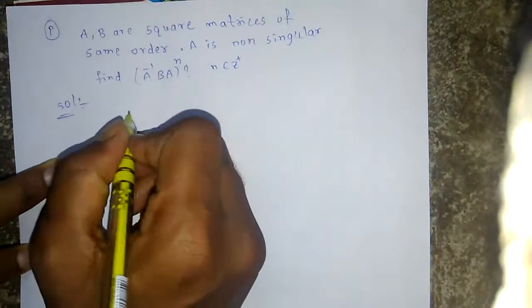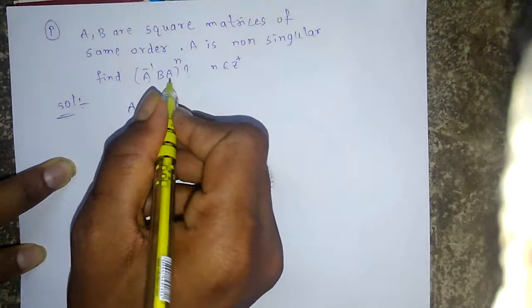So here we need to find A inverse BA whole power n.